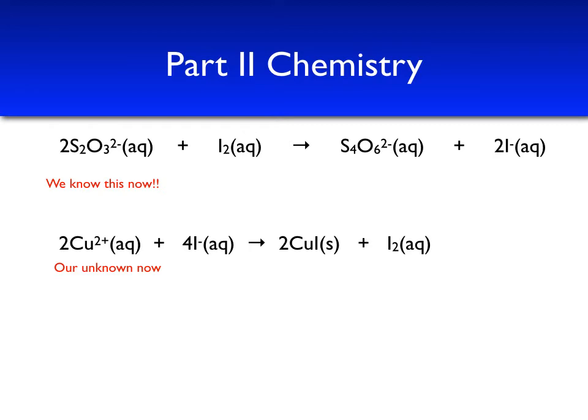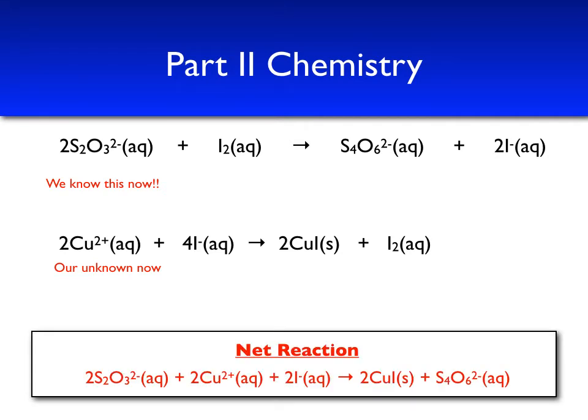And therefore, as we titrate the I2 with our sodium thiosulfate solution, we can relate the amount of copper 2+ to the amount of sodium thiosulfate that we now know the concentration of. So we can add these two equations together to relate the amount of thiosulfate and the amount of copper 2+, which is our unknown in this case.